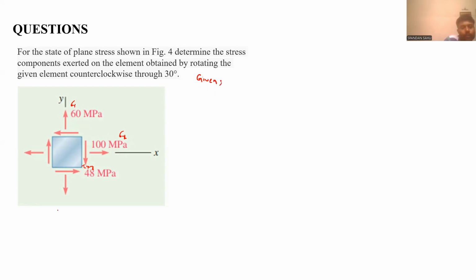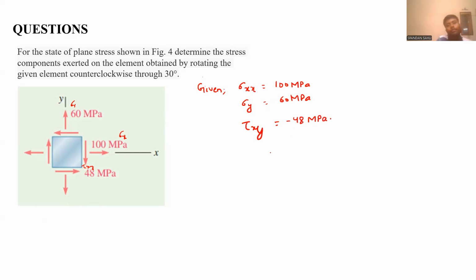Given sigma x is 100 MPa, sigma y is 60 MPa, and tau xy is minus 48. Correct?